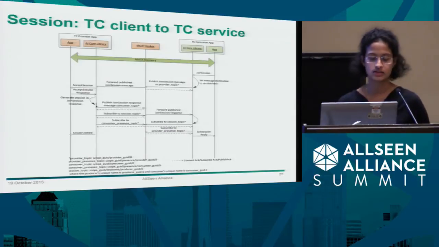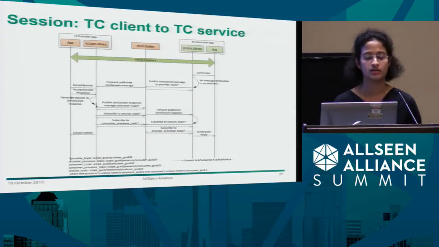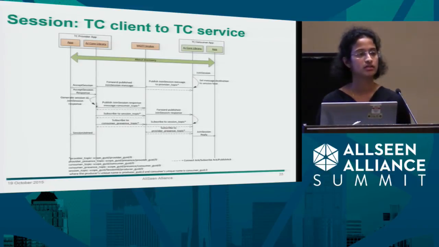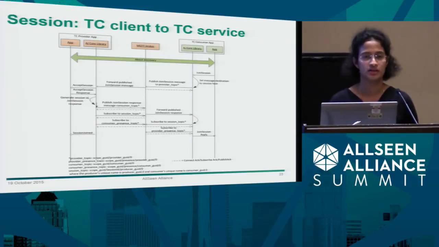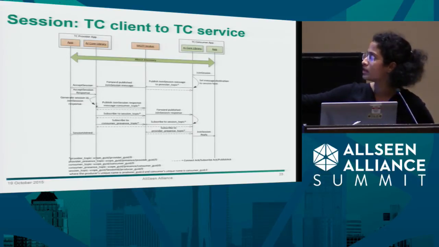So here is the session establishment between a thin client and a thin client service. I do have a few slides about the other 3 use cases, but I'm not going to go over that for this presentation. So as we see here, the first step is the about-based discovery, followed by the join session API being invoked by the consumer.